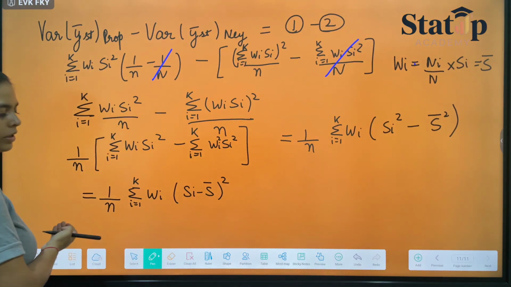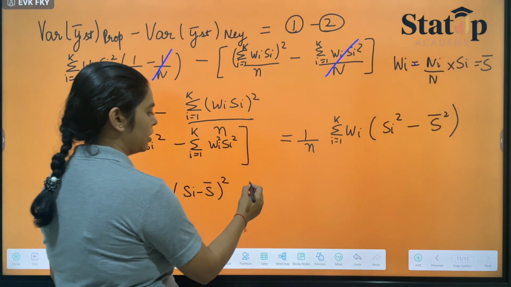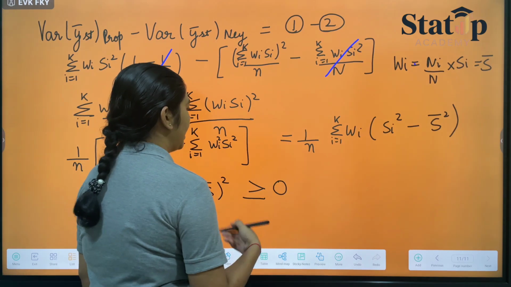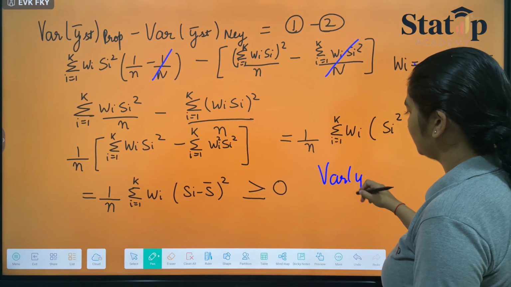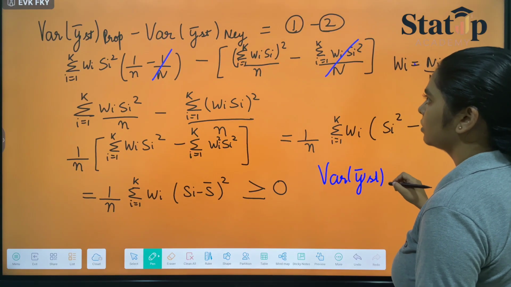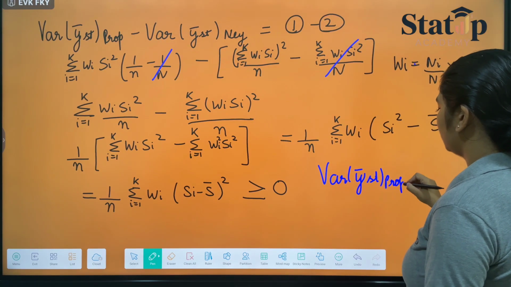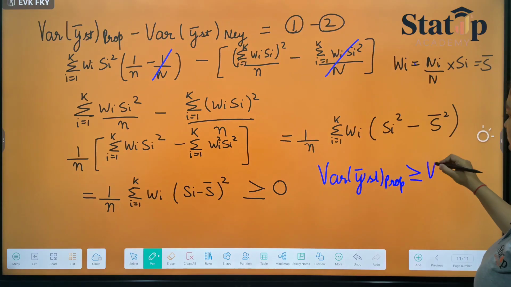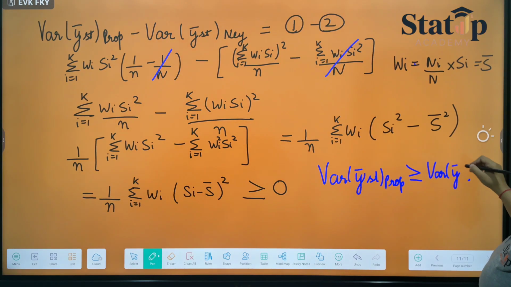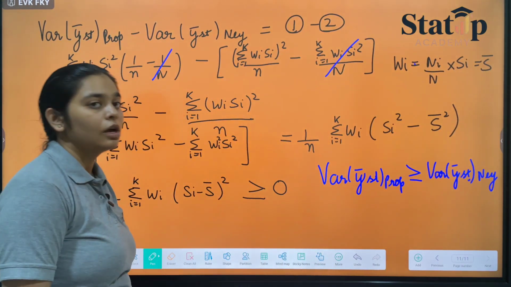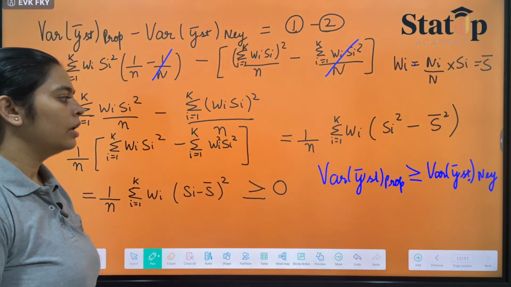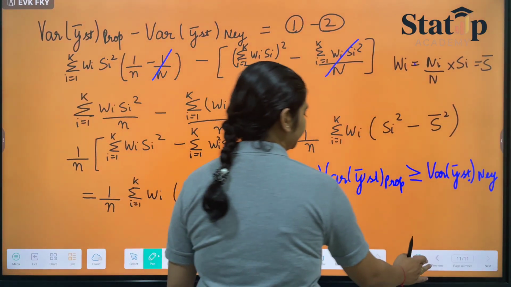Now this whole term is a positive term which is greater than or equal to 0, and hence we can say that our variance of y bar st proportional allocation is greater than or equal to variance of y bar st Neyman allocation, and hence Neyman's allocation is a better allocation method than proportional allocation.